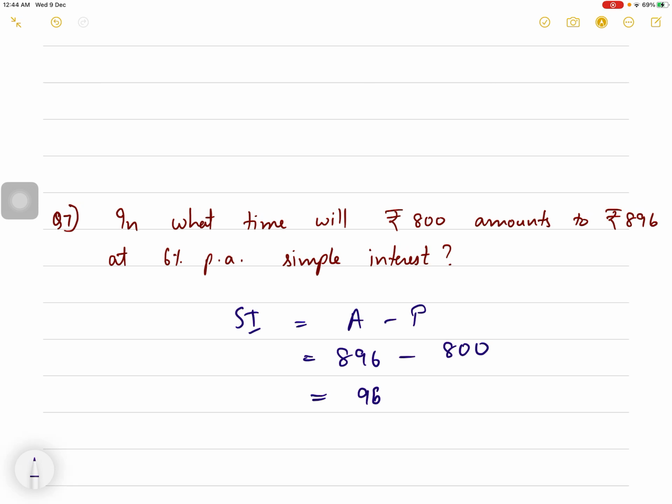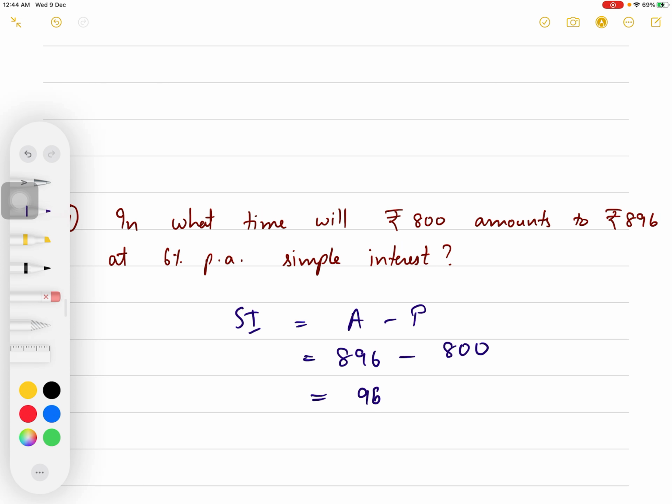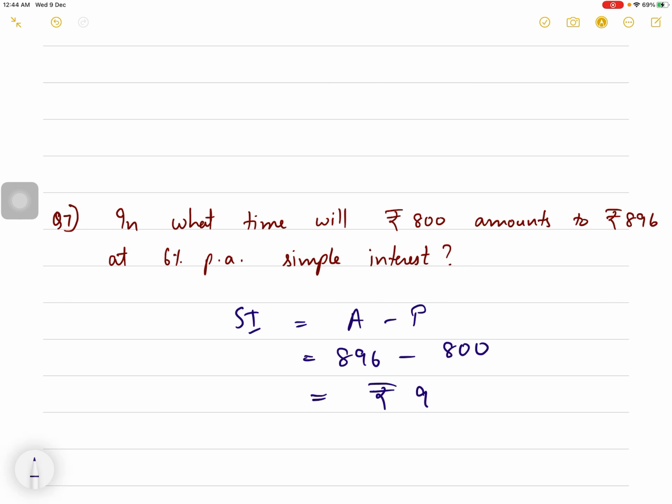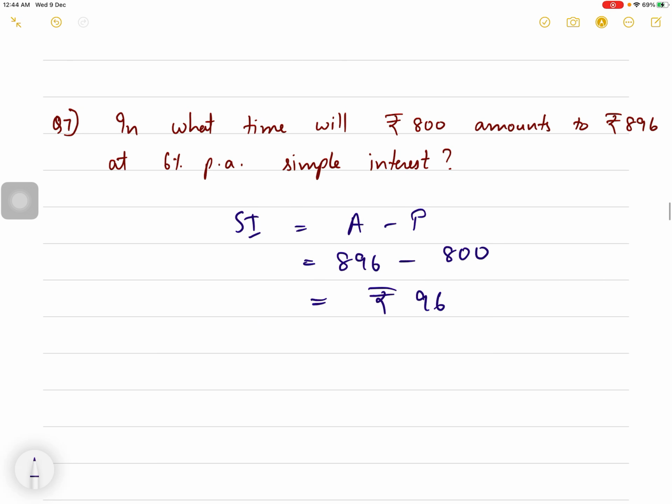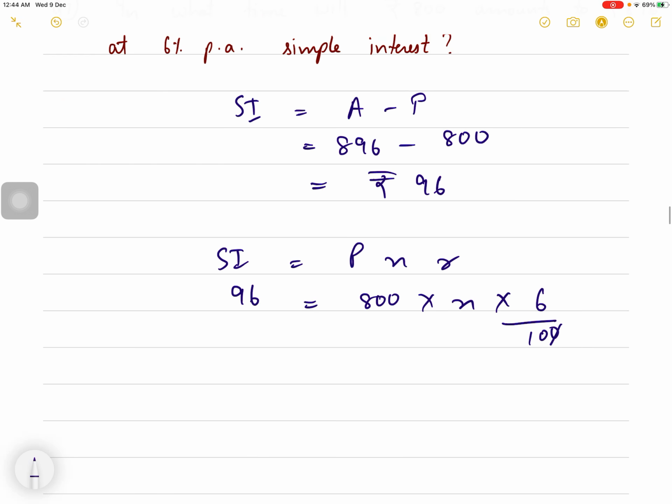So 896 minus 800 is rupees 96. So simple interest is equal to P into N into R. So 96 is equal to 800 into N you don't know, 6%, 6 upon 100.